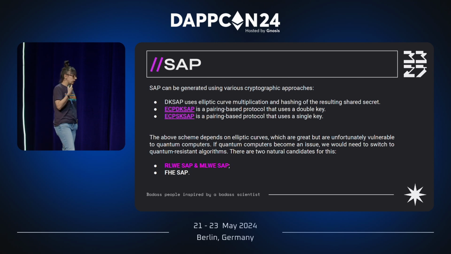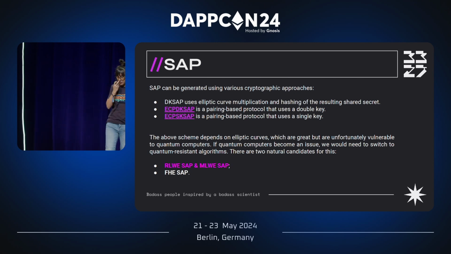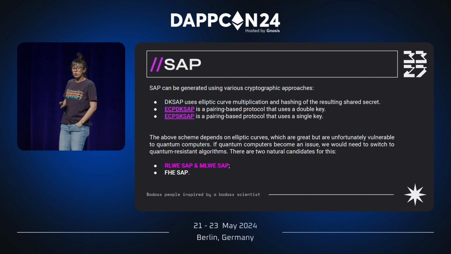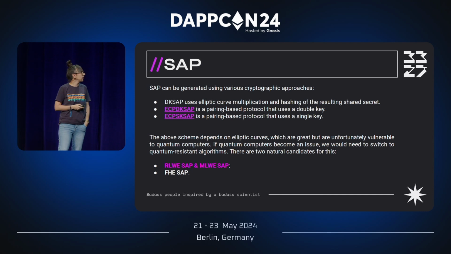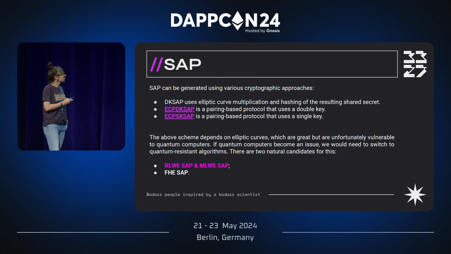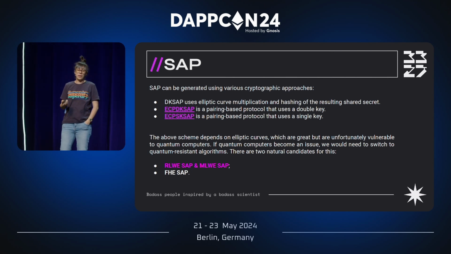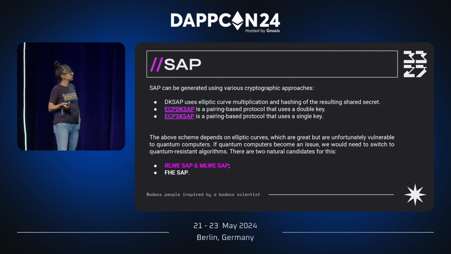These protocols are really great protocols, but these protocols are not quantum resistant protocols. In order to have quantum resistant protocols, we, Mihailo and I, created two new protocols. These are the ring learning with errors and module learning with errors stealth address protocols.